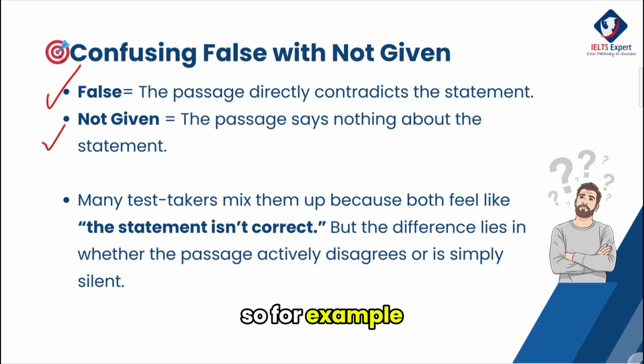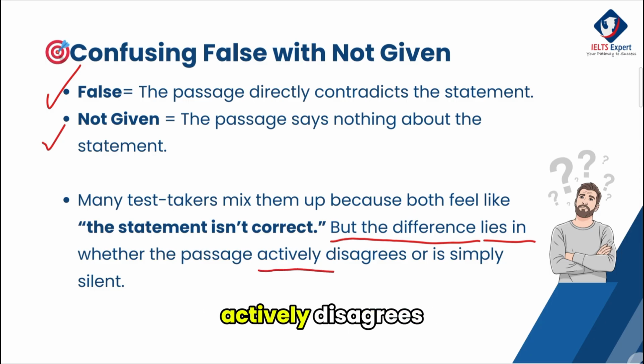For example, they decide this is false, and when they confront a different statement, which is a not given statement, they think, okay, this statement isn't correct, so I can decide false. But you should understand the difference. The difference lies in whether the passage actively disagrees or is simply silent.